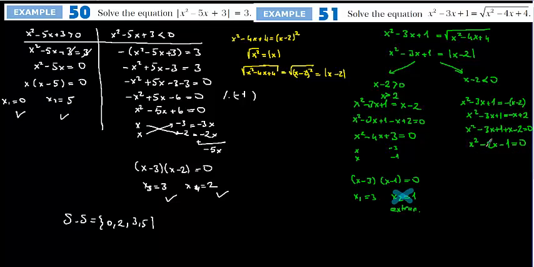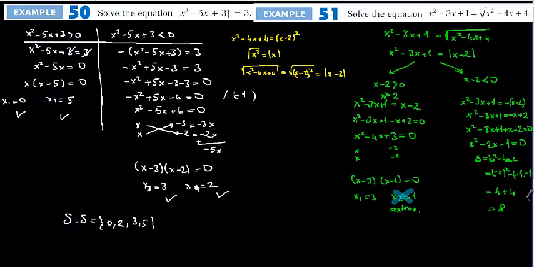Here I cannot use the factorization method, so I have to use the delta method. Delta is equal to b squared minus 4ac, which is equal to (minus 2) squared minus 4 times 1 times minus 1, which is equal to 4 plus 4, that's equal to 8.